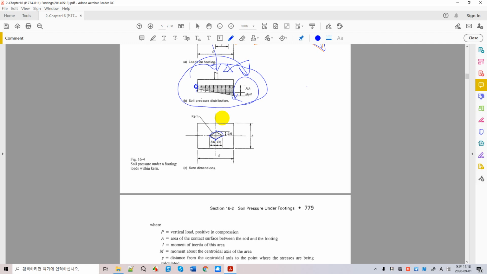We call that the kern dimensions. Then this structure will never experience overturning. Everything is going to be transferred to compression on the structure. This is important in the case where you don't want to have tension or overturning situations.